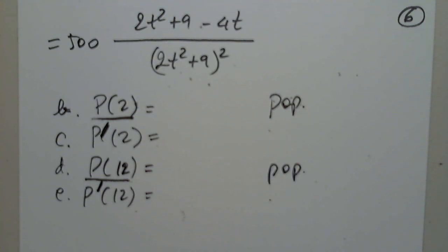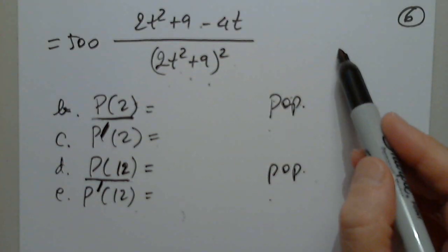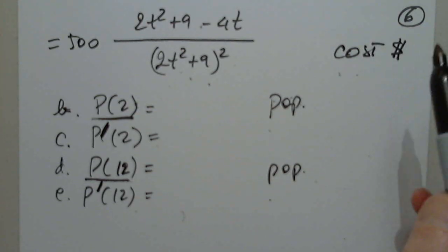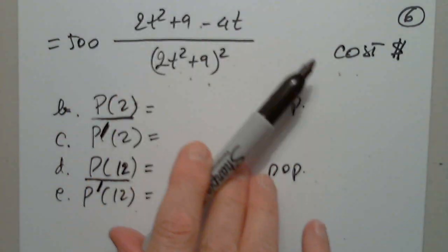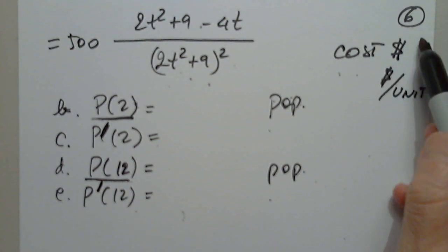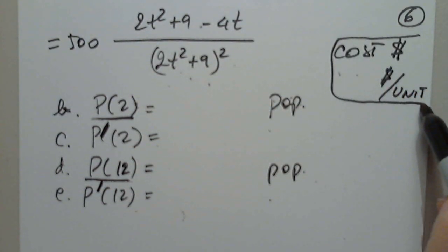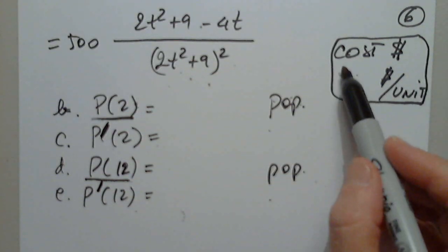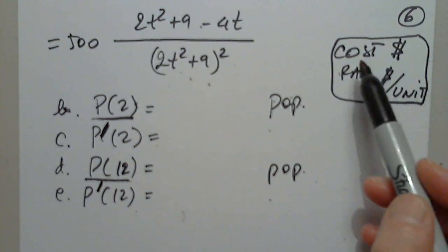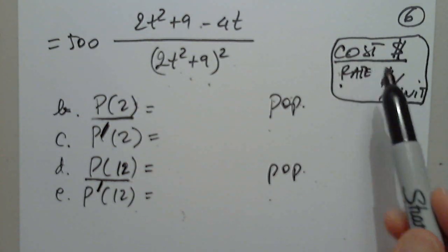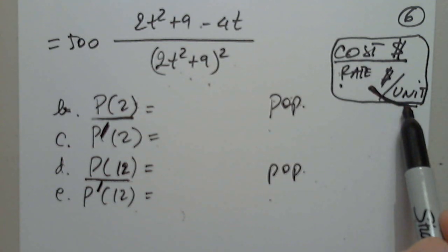And that was the comment I wanted to make for the last discussion from last time. If the cost is in dollars, the rate of change of cost will be dollars per unit. I did not deduct points on the last discussion, but please do not make that error. The cost is measured in dollars, but the rate of change of cost is measured in dollars per unit.